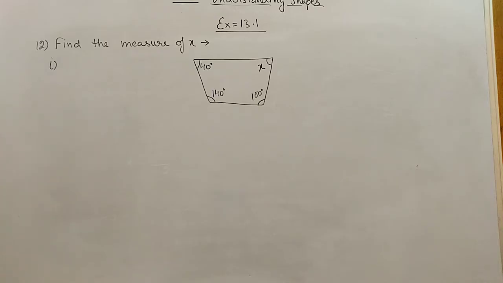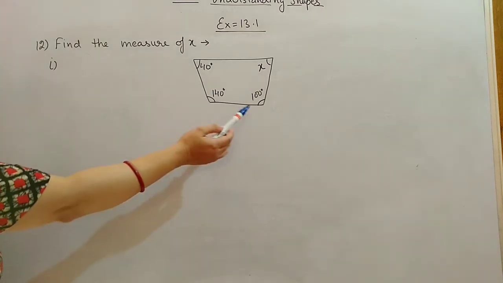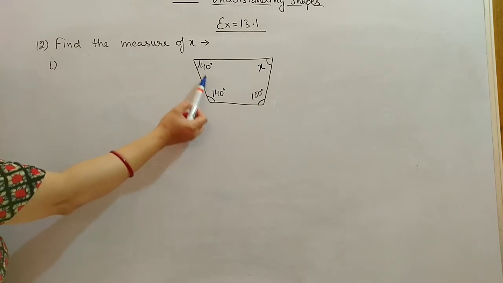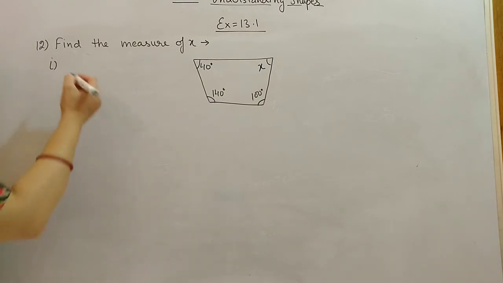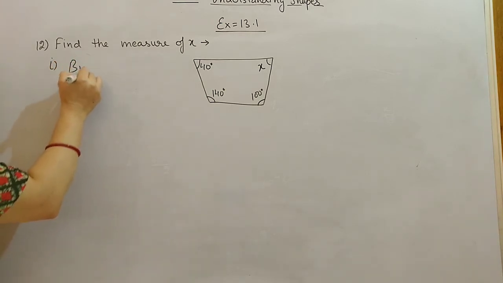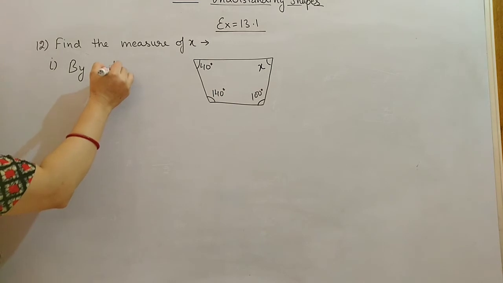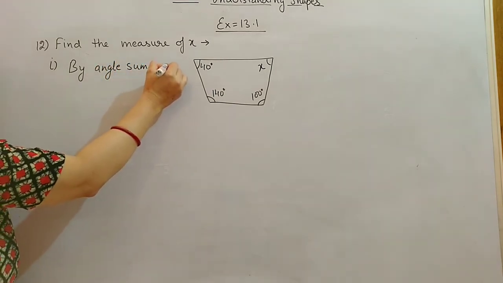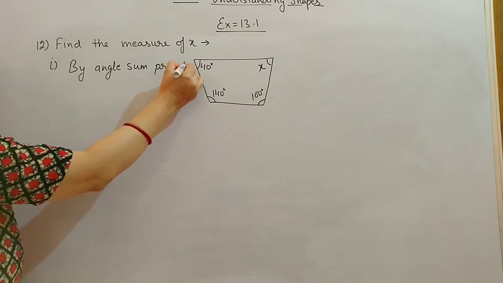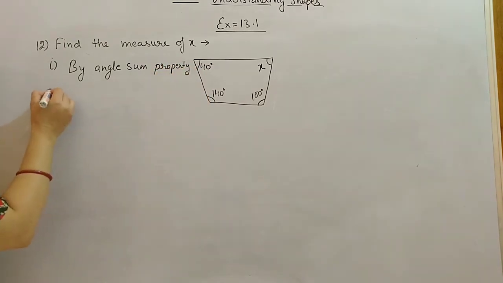Next, question number 12, find the measure of x. First part, the figure is given here. One quadrilateral is given and in this quadrilateral three angles are given and one angle is missing. So we will use the angle sum property for a quadrilateral. By angle sum property, the sum of all the four angles of a quadrilateral will be 360 degrees.